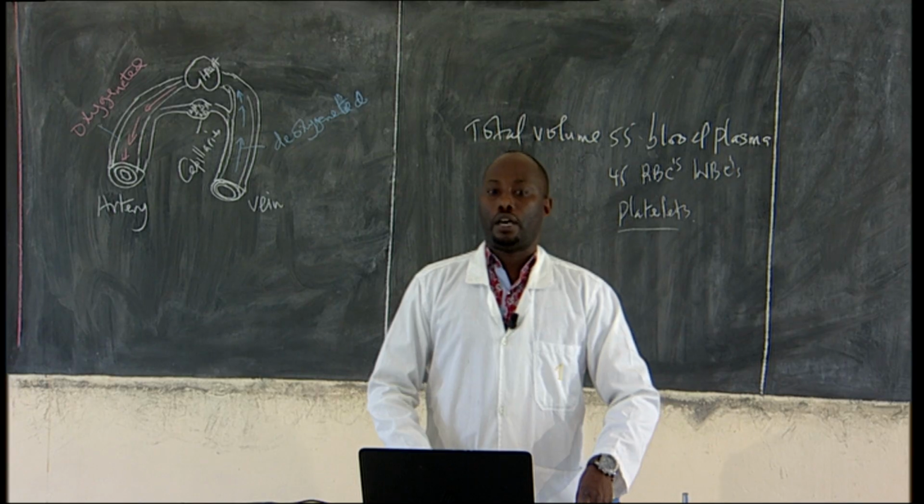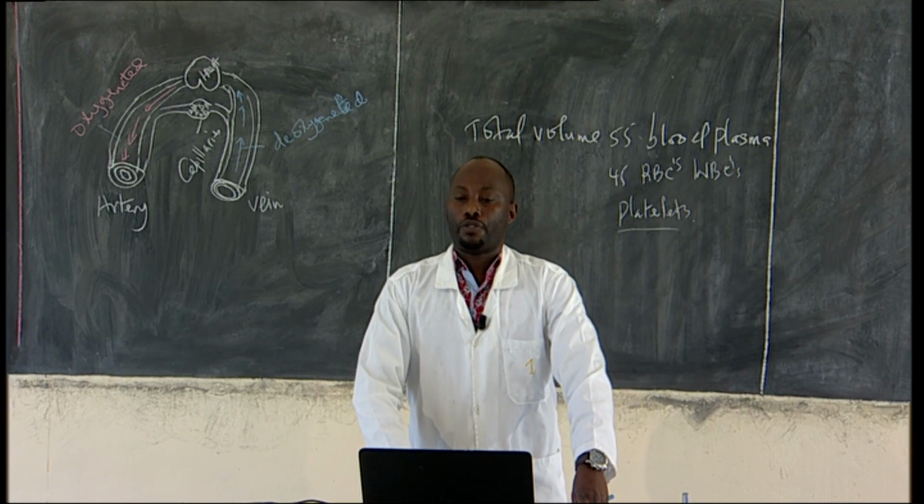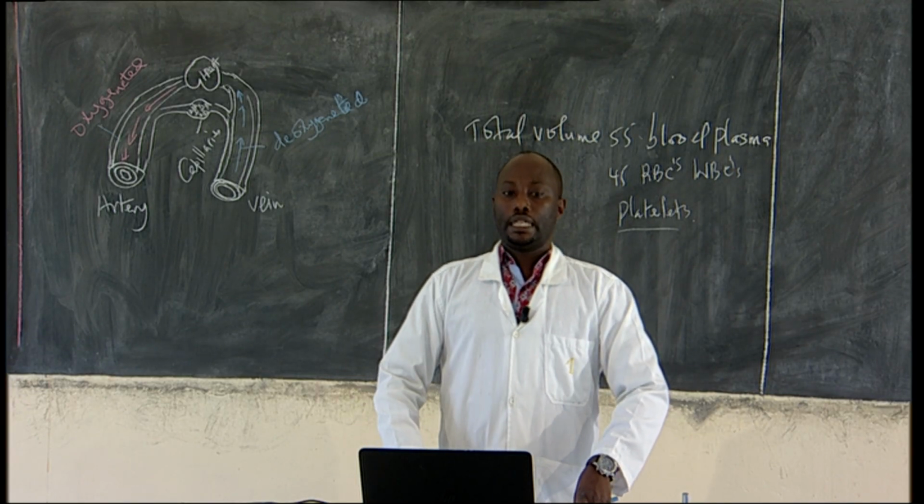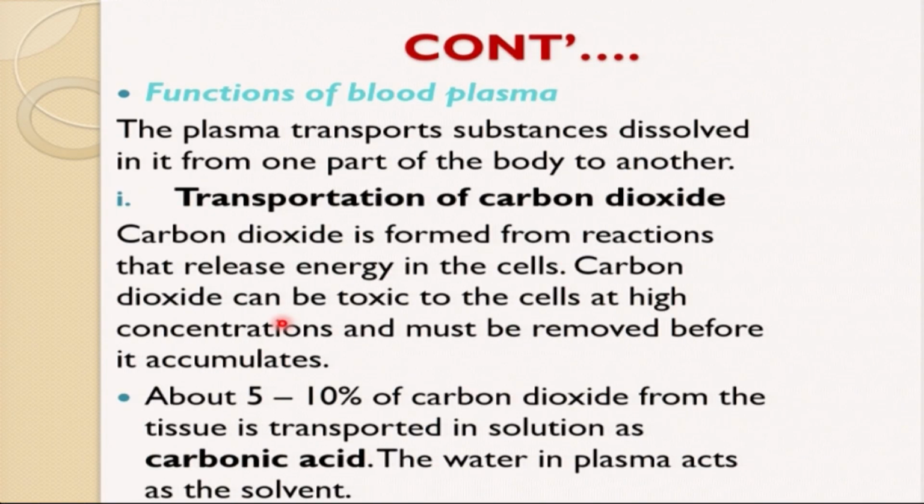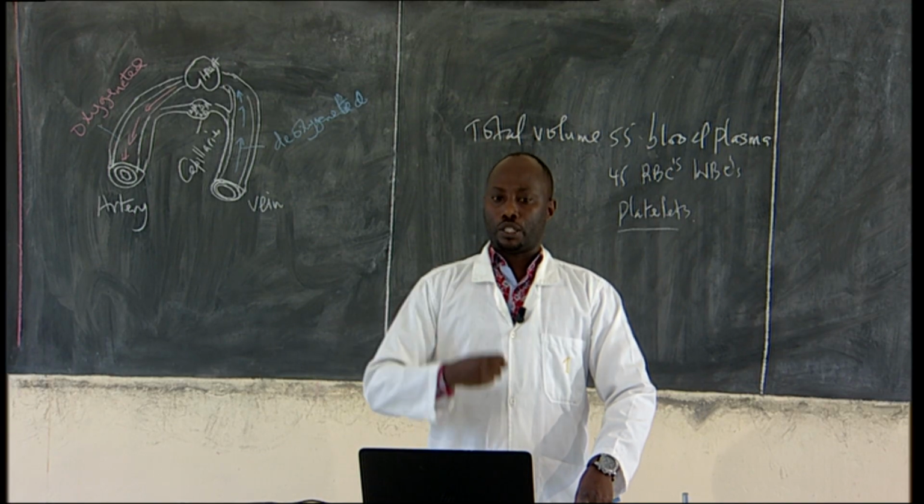So carbon dioxide is formed from the reactions that release energy in cells. Carbon dioxide can be toxic to the cells if it is in high concentration, so it needs to be removed before it accumulates. So transport of carbon dioxide is also done by the blood plasma.